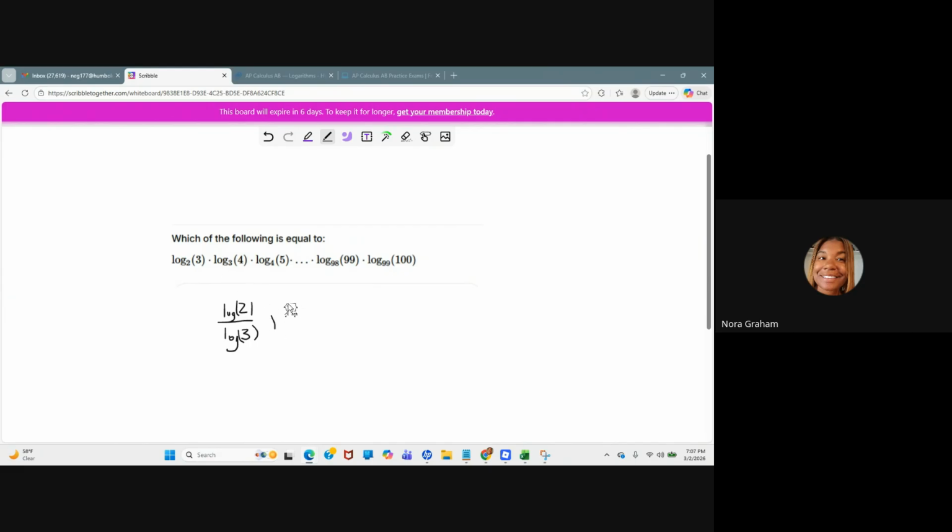This one is going to be log 4 over log 3. And this one's going to be log 5 over log 4.